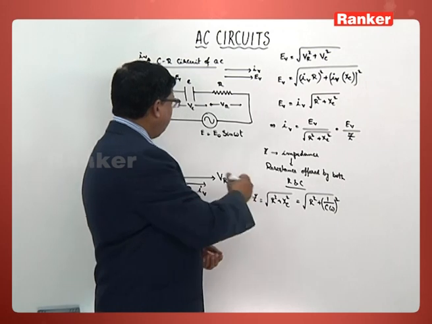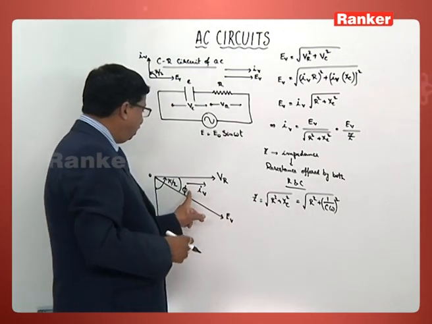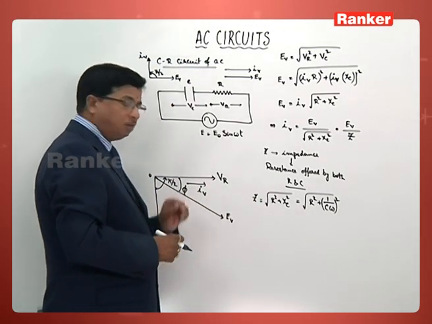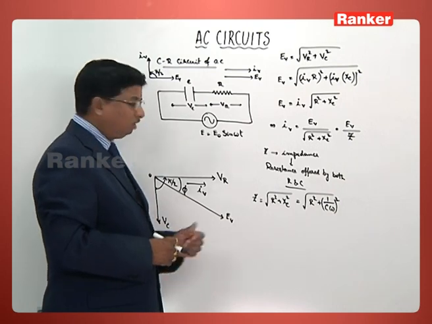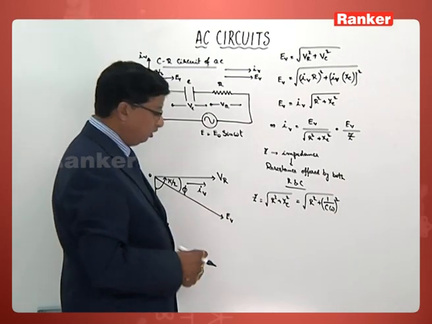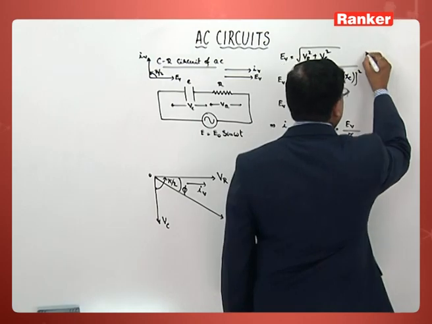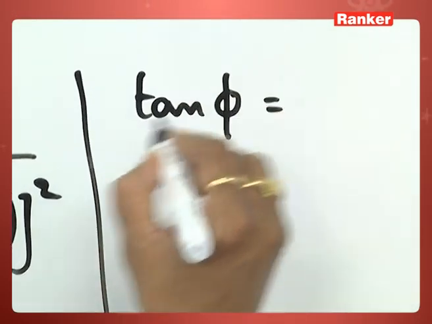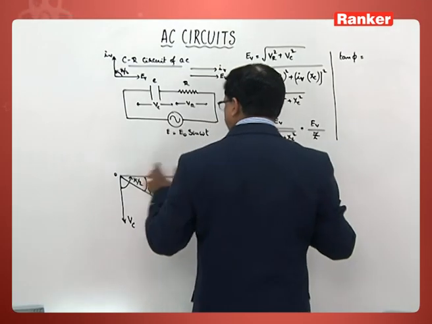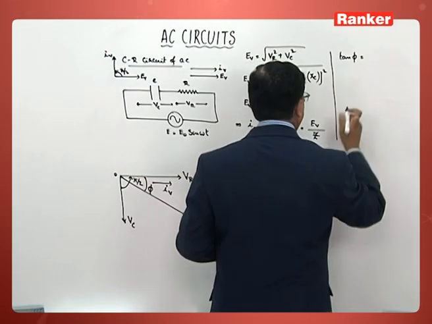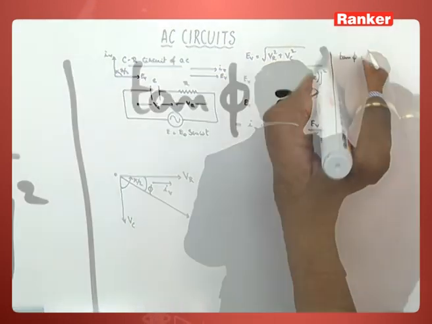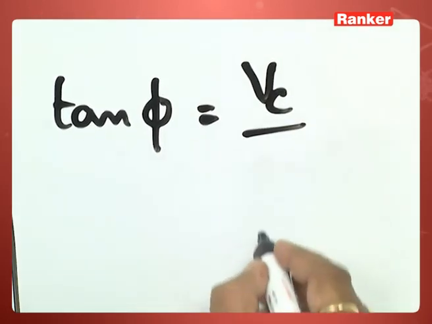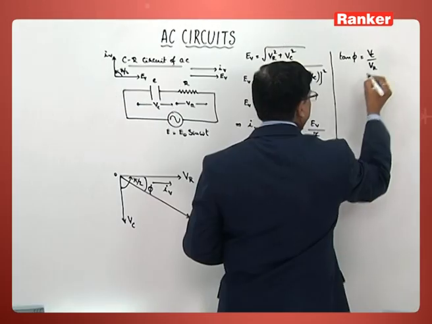Now, what next do we want? What is the angle this EV is making with respect to the direction of VR? For that, I can directly write this way: tan phi is equal to opposite side over adjacent side. Opposite side value is VC, adjacent side value is VR.